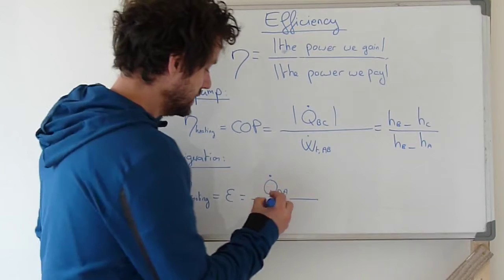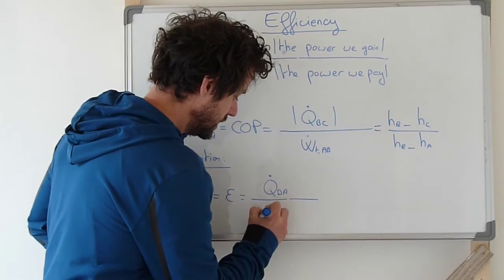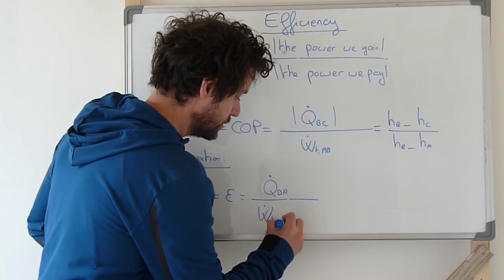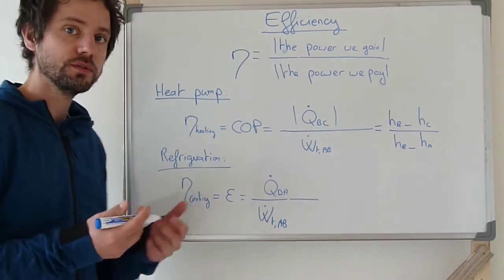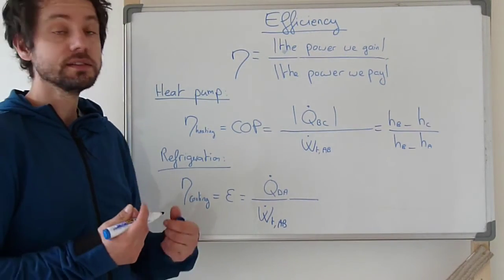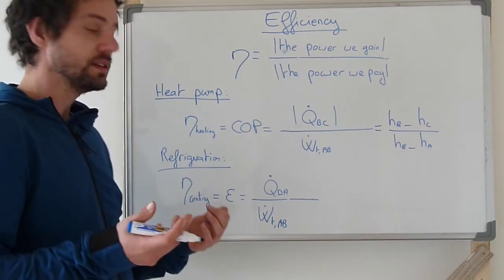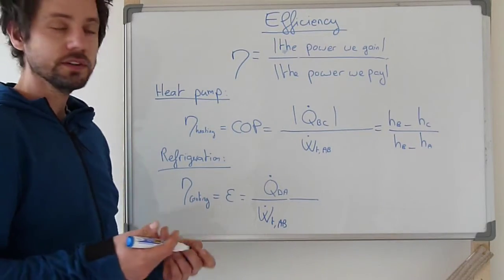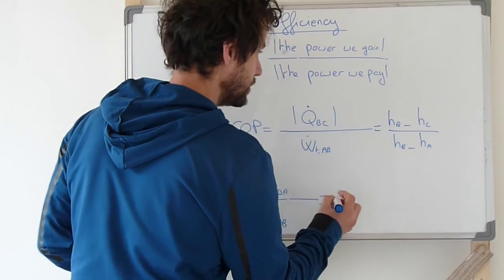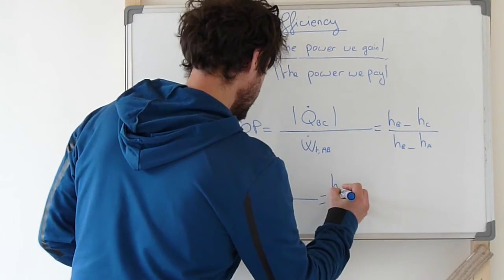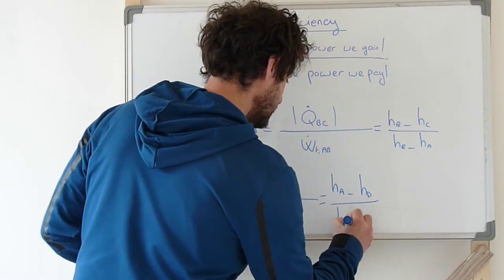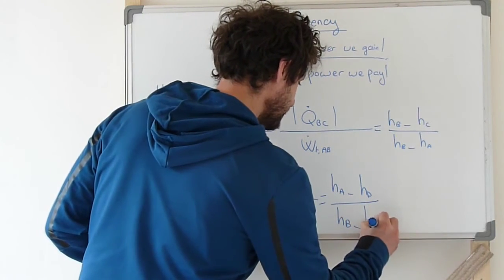What we need to pay is the same as before. It's the technical work that is provided to the compressor, so the technical work received by the fluid between A and B. Once again, we can express this efficiency only as a function of the specific enthalpies of these characteristic points: HA minus HD over HB minus HA.